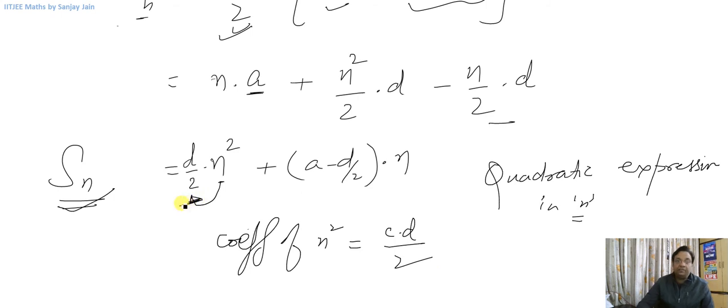That is, the leading coefficient is half of the common difference. So sum of n terms of an AP is a quadratic expression in n with constant term as 0, right? There is no constant term here. So let me write it for you so that you can take a note.